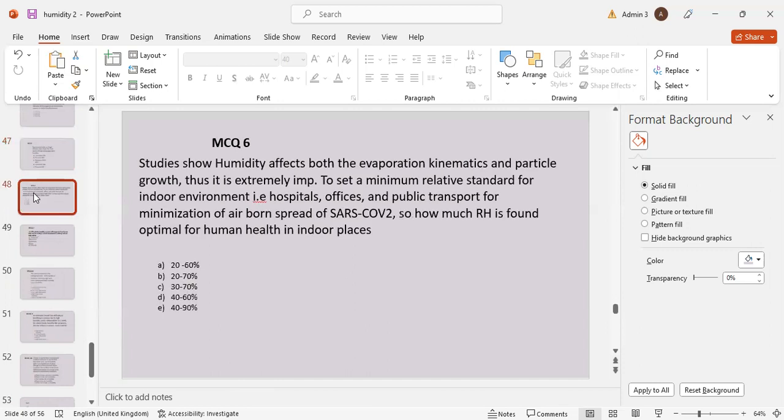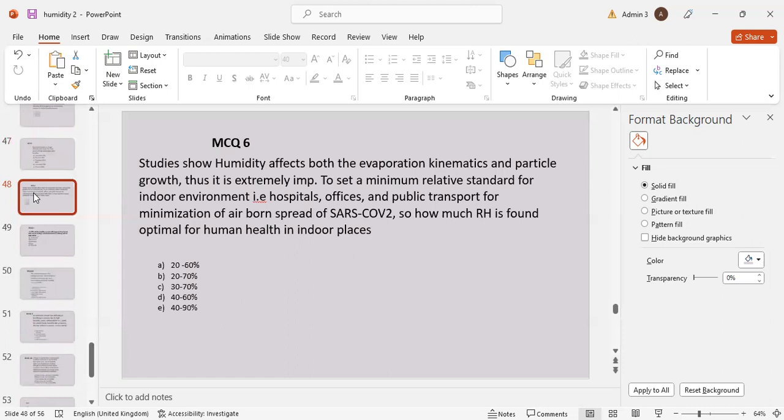MCQ 6. Studies show humidity affects both the evaporation kinematics and particle growth. Thus, it is extremely important to set a minimum relative humidity standard for indoor environments, such as hospitals, offices, and public transport, for minimization of airborne spread of SARS-CoV-2.